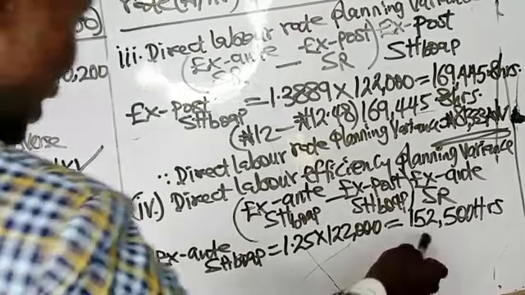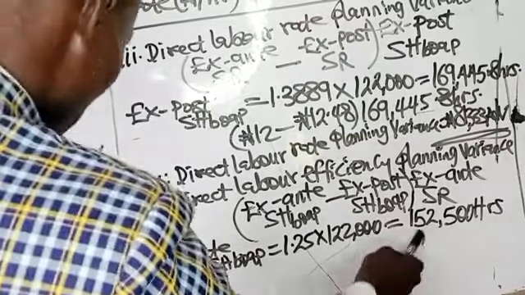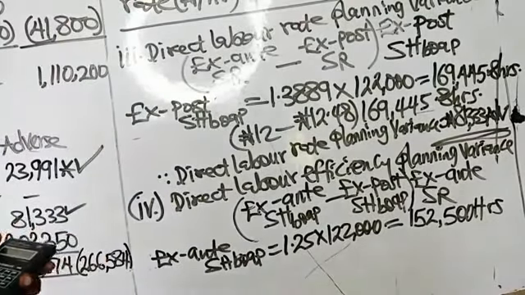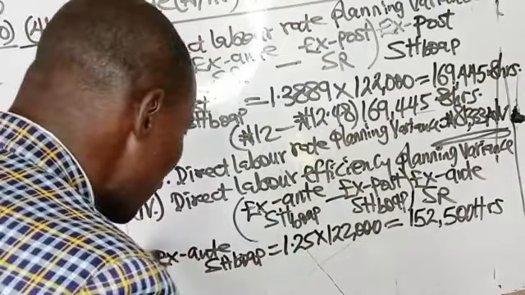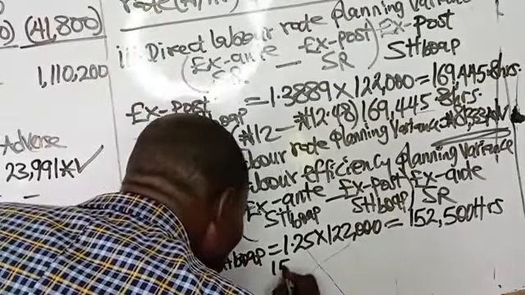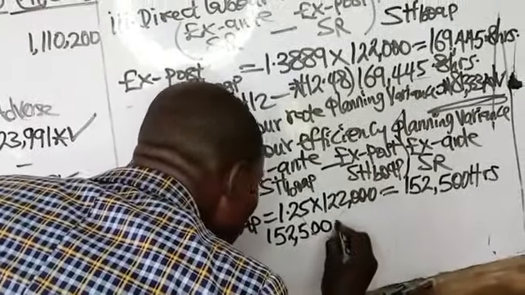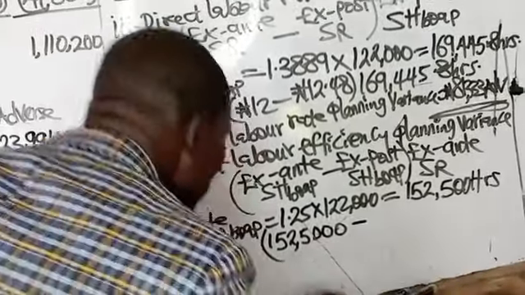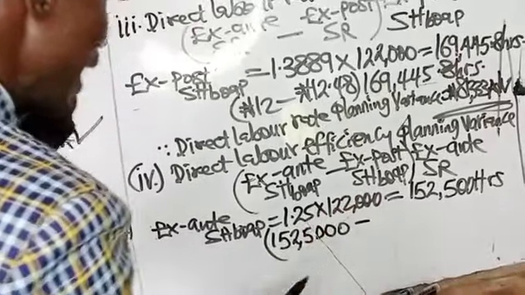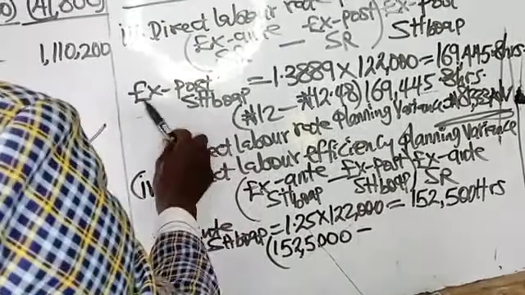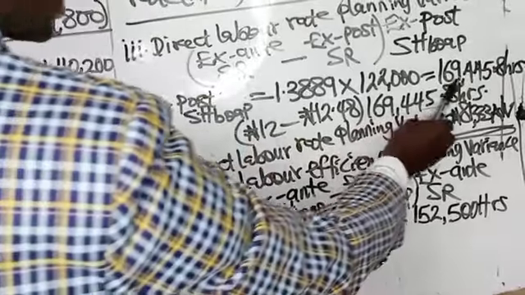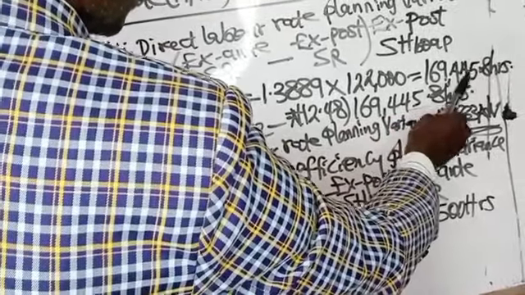So we've determined the S and T standard hour to be 152,500, minus S post standard hour based on actual production, and that is 169,445.8.